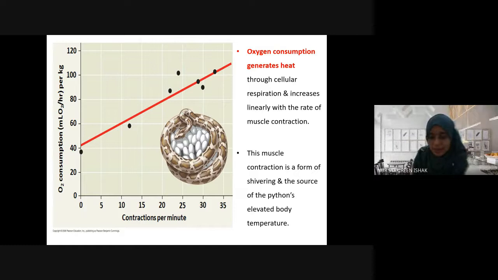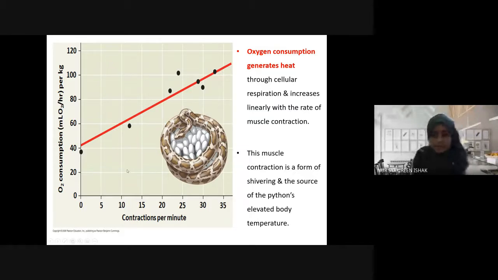So this heat will maintain the body temperature of the snake higher than the surrounding. Okay. So this muscle contraction is a form of shivering and the source of the python's elevated body temperature. Okay, so this is how the snake maintains a warmer body temperature compared to the surrounding environment.